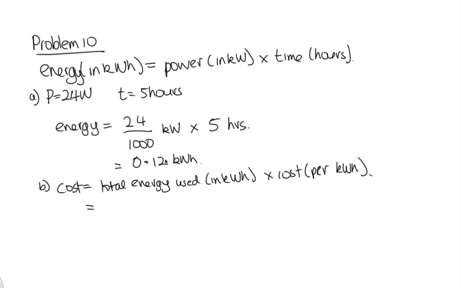And so for the total energy used, each evening we're using 0.12 kilowatt hours, but we do this all year, so for 365 days. And now the cost per kilowatt hour is $0.295. So solving this, we end up with $12.92. So that's how much it costs to run this light every evening for a full year.